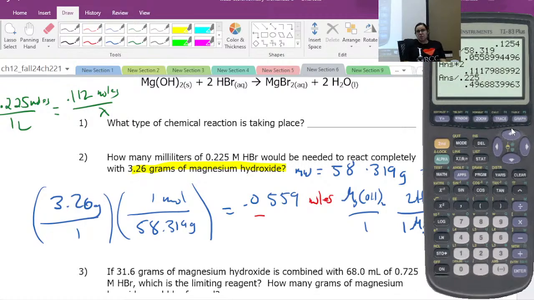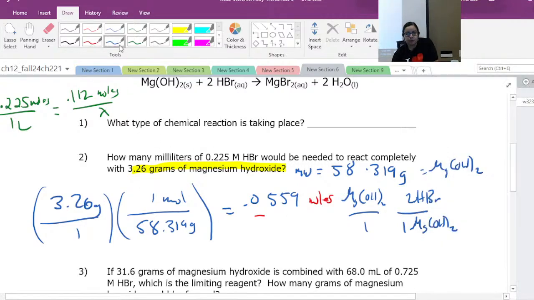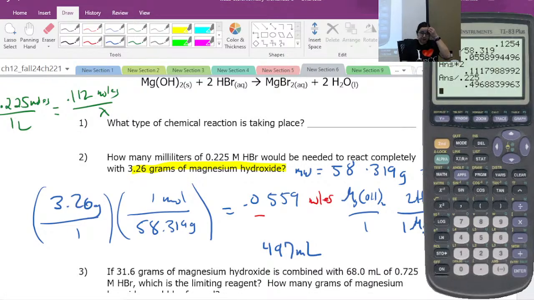And so we get about 500, or 497 milliliters. Questions on that one? Did we get that answer?